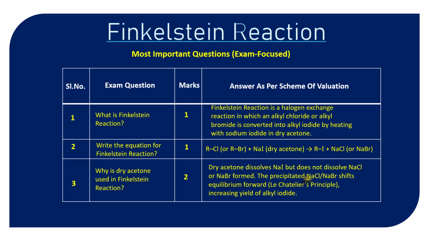As a result, the NaCl or the NaBr formed precipitates and it brings pressure on the equilibrium to shift it to the forward direction as per the Le Chatelier's principle. When this happens, this will result in the increased yield of the alkyl iodides.